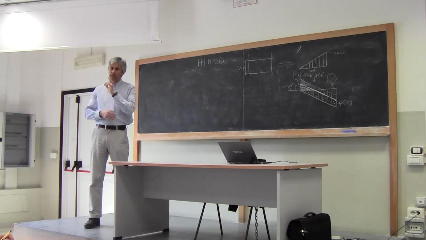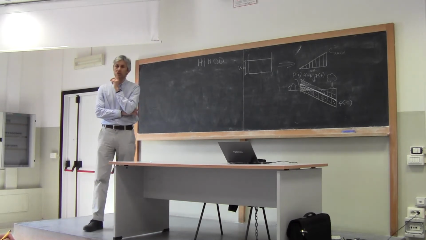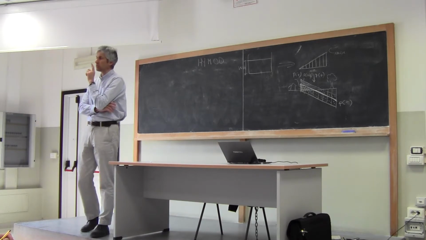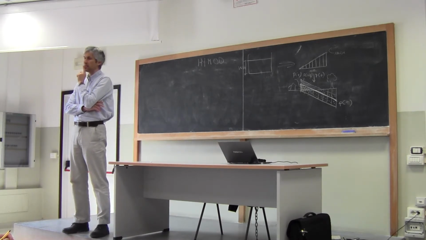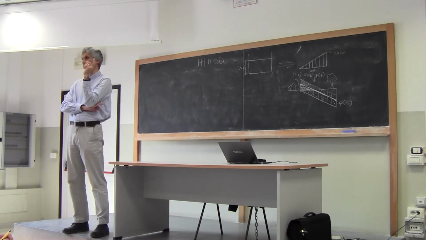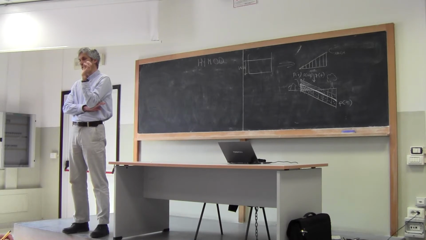And I anticipate that this model allows for depletion of catchment storage, but not through a bottom discharge, as was done for the linear reservoir. It allows that for the effect of evaporation.